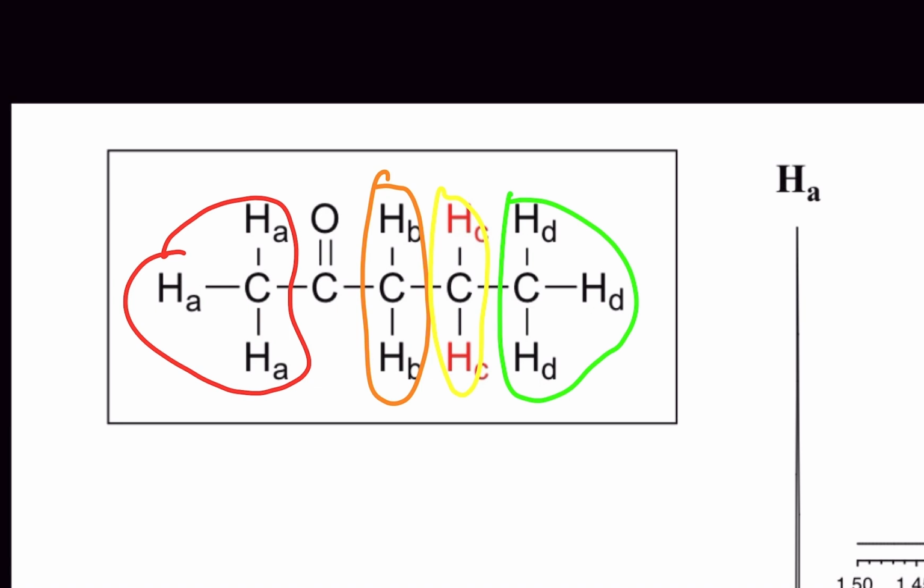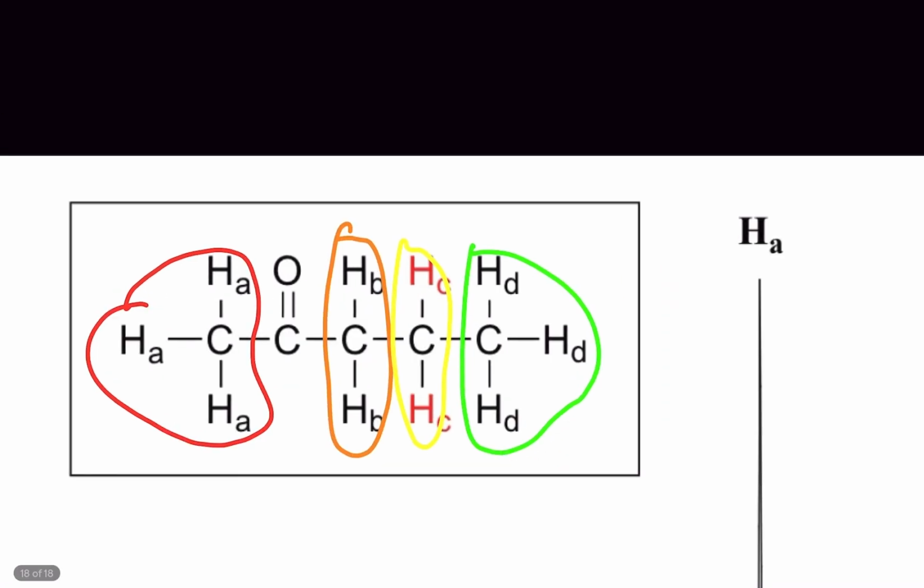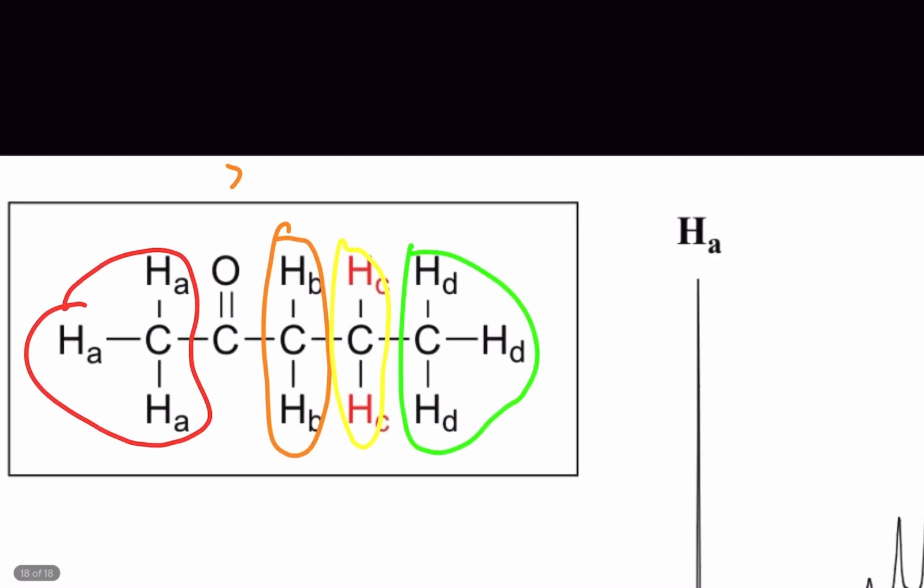So we're going to look at HC, which is the yellow one. You'll notice it is being split by 2 different environments here. This one has 2 protons. This one has 3 protons. 2 plus 3 is 5.